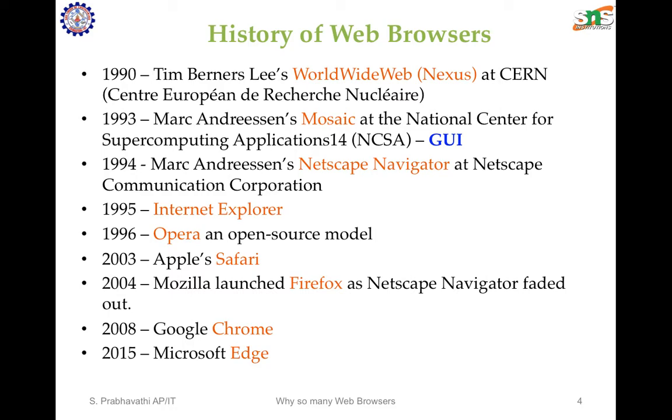Then in 2003, the Apple Safari browser was released specifically for Macintosh computers. Netscape Navigator was replaced by Apple's Safari browser. Earlier, Apple used the Netscape Navigator browser in its computer system.